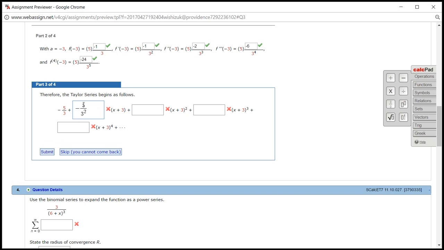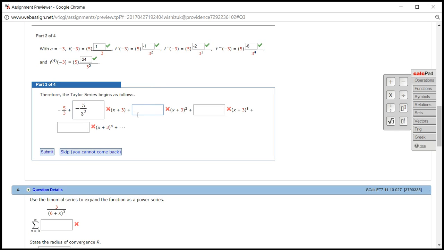How about that? All right, then the next one, the squared term. So it's going to be negative. All right, and it's going to be 5 times 2. Then I'm going to go over 3 cubed.